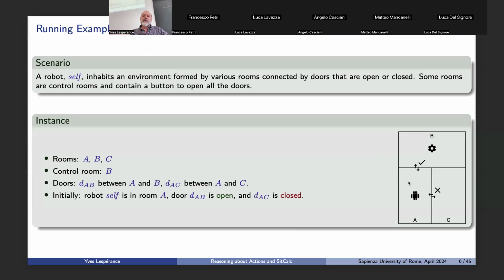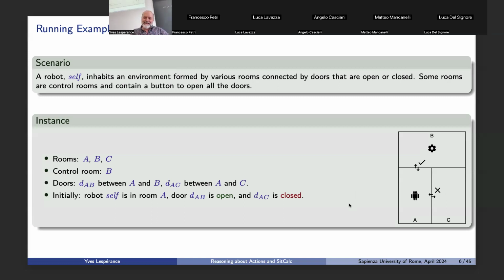There are doors between room A and room B, and between room A and room C. Initially the robot is in room A. The door between room A and B is open, but the door between room A and room C is closed.